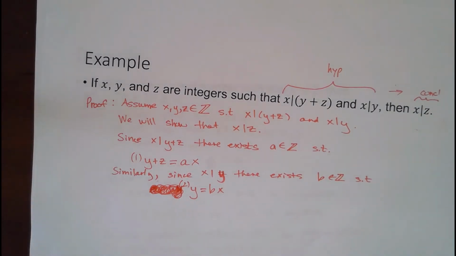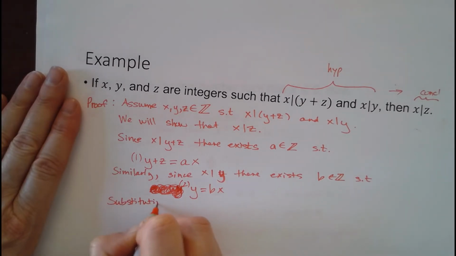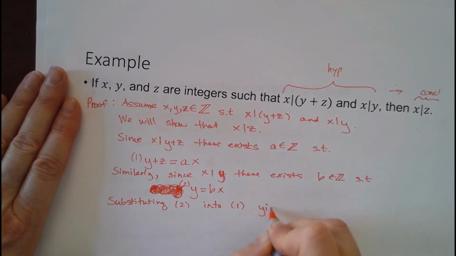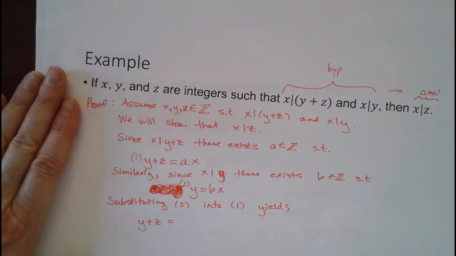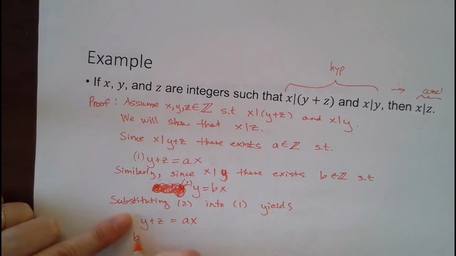Yep. We substitute bx for y in equation 1. So substituting 2 into 1 yields that y plus z equals ax, and so this is really bx.